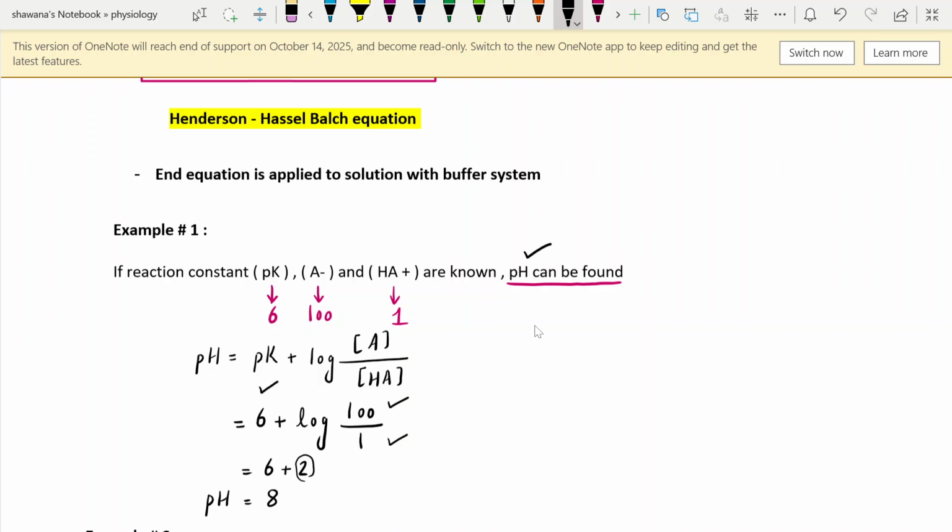And the third example is that if the buffer system has equal concentrations of protonated and non-protonated form, it means that A negative and HA are equal. When these are equal, it means that the pH of that solution is exactly equal to the pK. So let's find it.